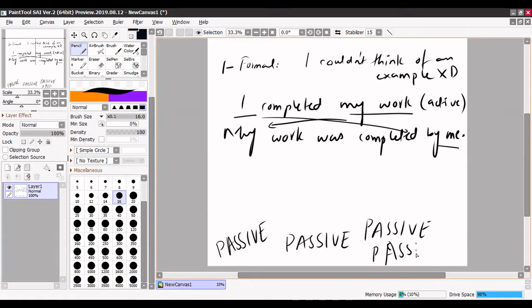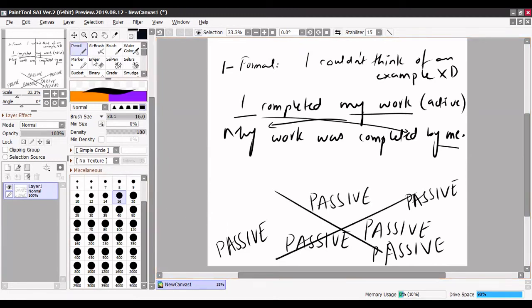All right, so we covered formal situations, and then when you don't really know who the person that carried out the action is.